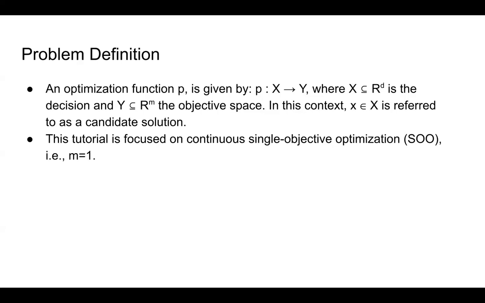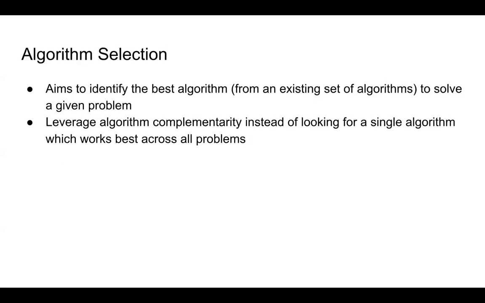For notation purposes, we'll be using x to denote the input parameters to this function, or we'll also refer to them as candidate solutions. And epsilon is the objective function value, which we want to minimize or maximize. Because we are talking about single objective optimization, we have only one target to minimize.